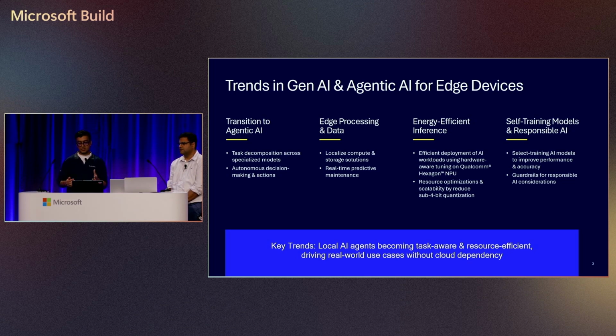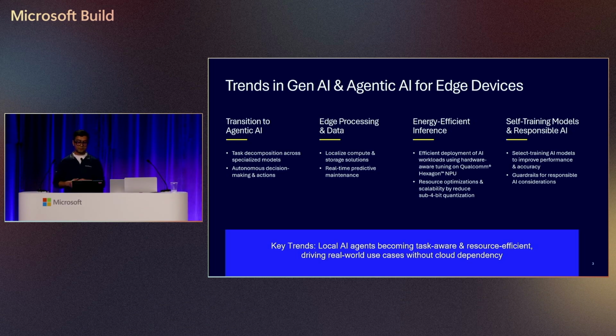Moving to the edge also enables you to provide your models with more contextual information, which is more personal to a device. You could also take data from the device's sensors and provide it to the model, so you get a more personal response back to the user.